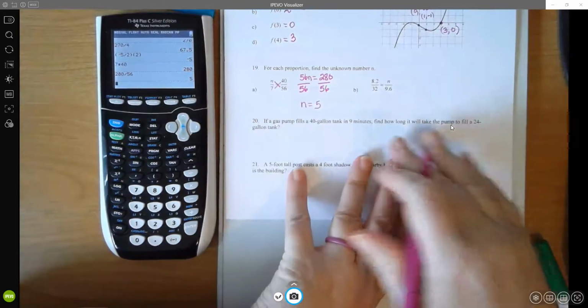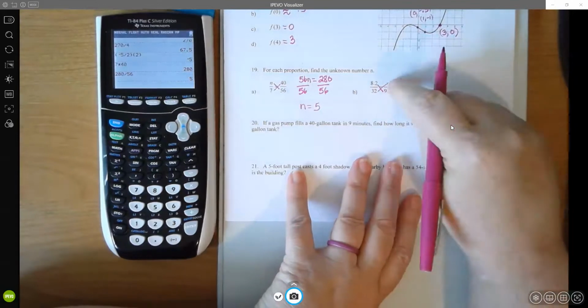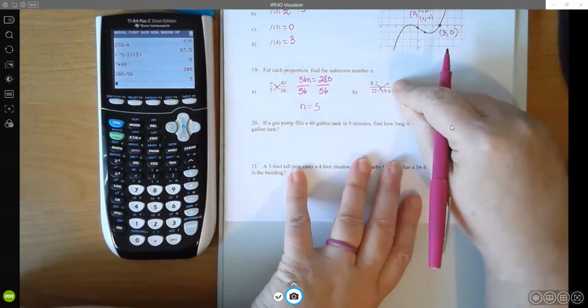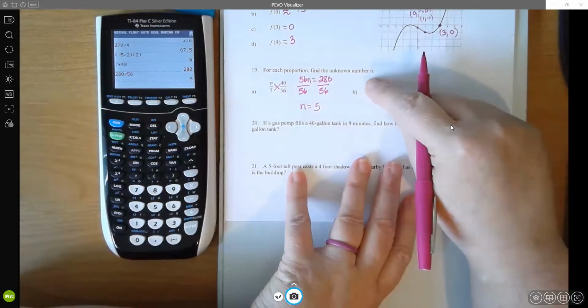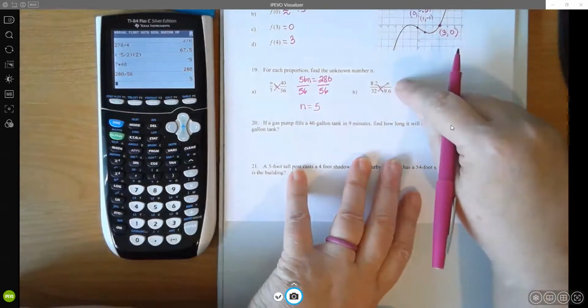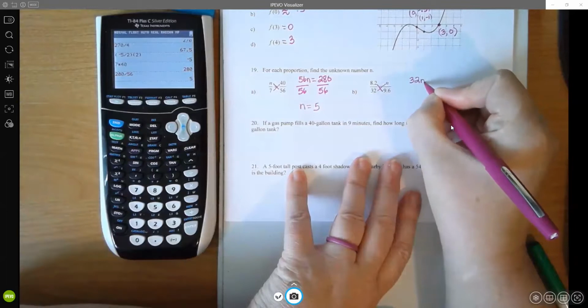And so let's look at the B one on this side. I'm again going to cross multiply. I find my n first because that's just what I do. If your teacher always says to do the top left on the left side, then do that. But I like to find my n first, n times 32, and write 32n.